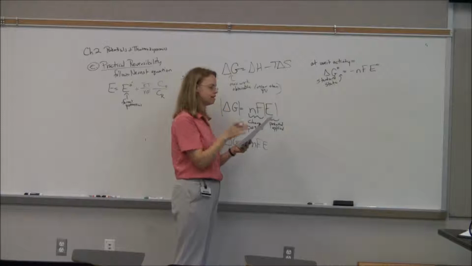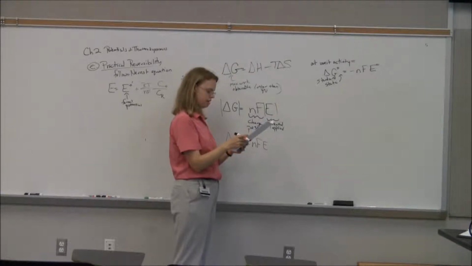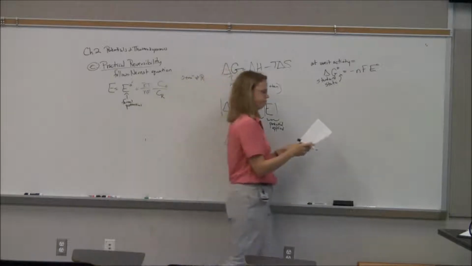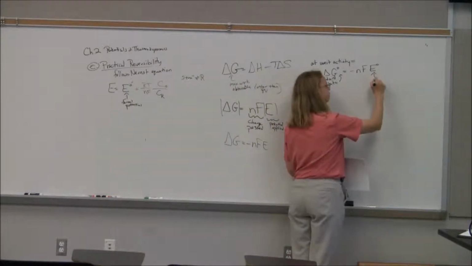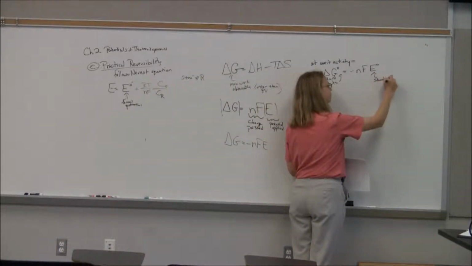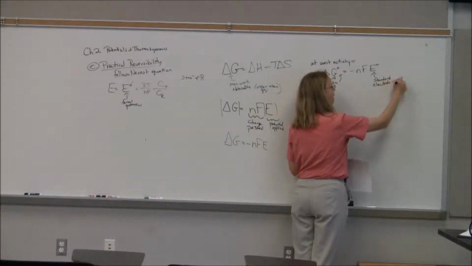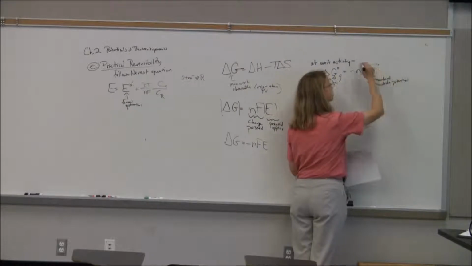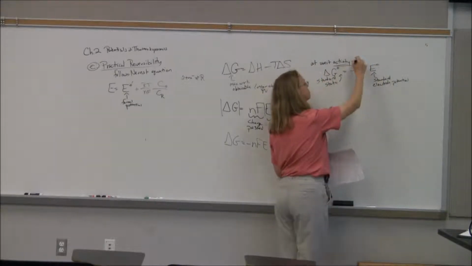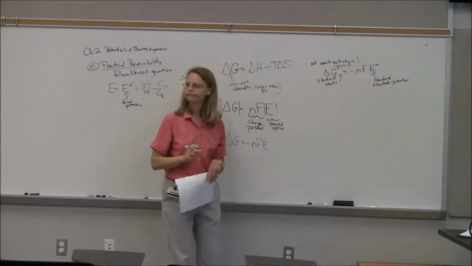And so this E0 is the standard electrode potential. And again, this is all assuming activity coefficients are all equal to 1.